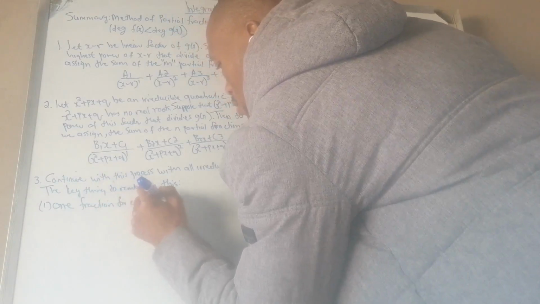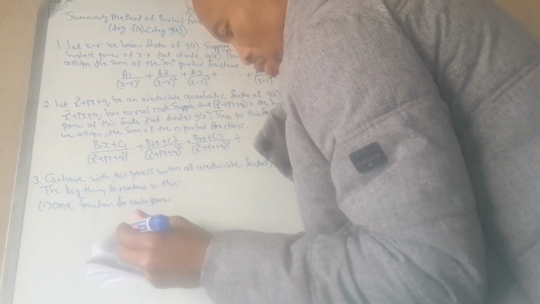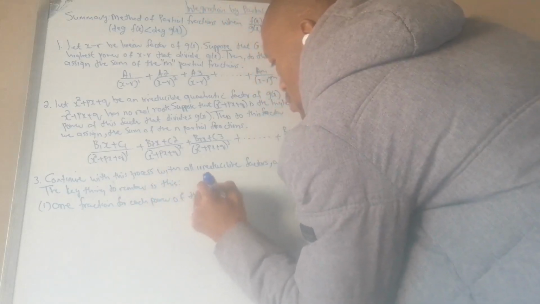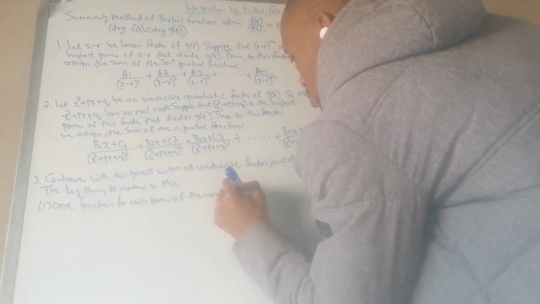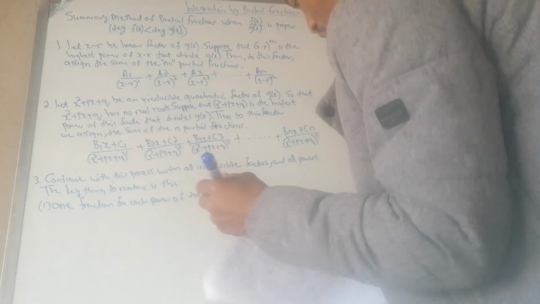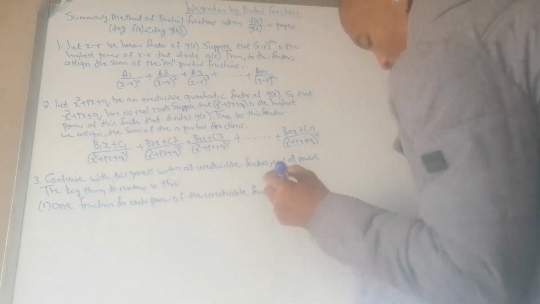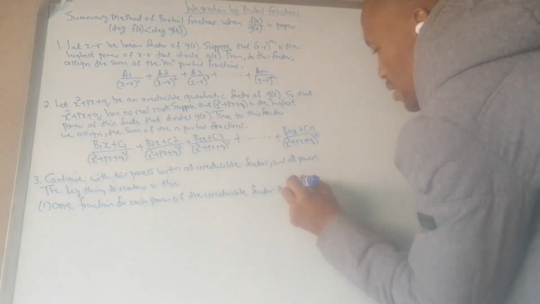We must remember one fraction for each power of the irreducible factor that appears.